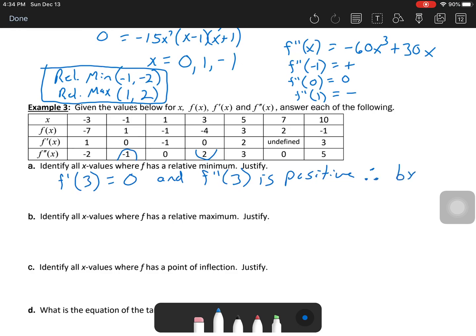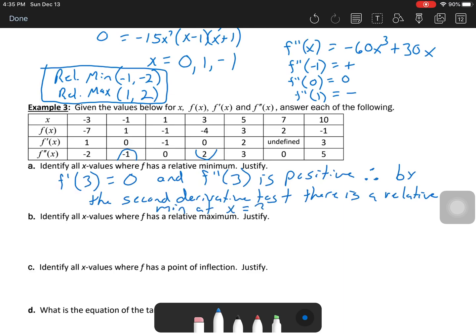And so to justify, I'm just going to say therefore by the second derivative test, we can say, let's see, what do they want here? x values, okay, with just the x values, there is a relative min at x equals 3.